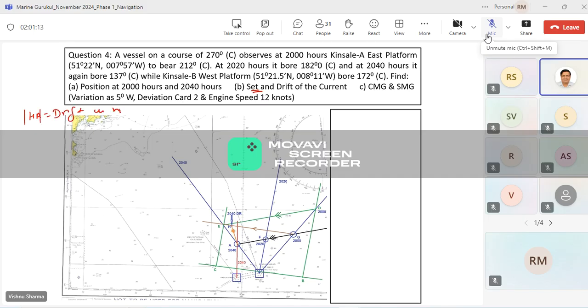Am I right, guys? Yes, sir. Why HA? Because this triangle is for 40 minutes, guys. H to A will be drift in 40 minutes. So the rate will be equal to HA upon 40 into 60. So many knots will be the rate of current.